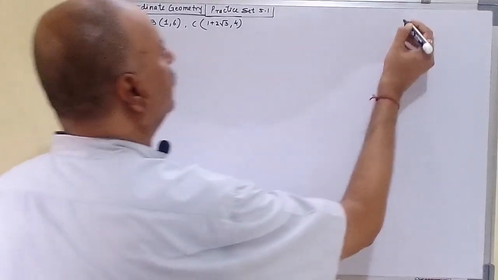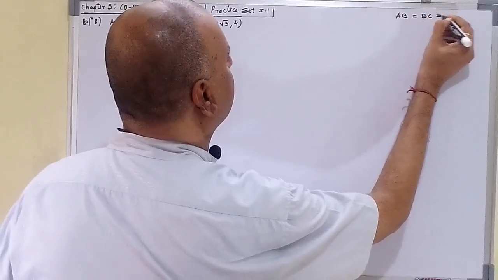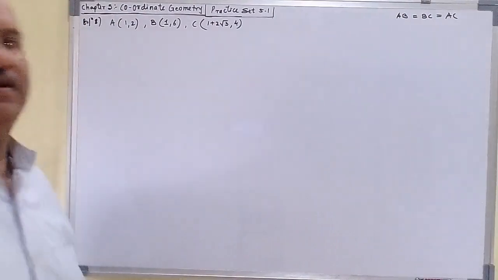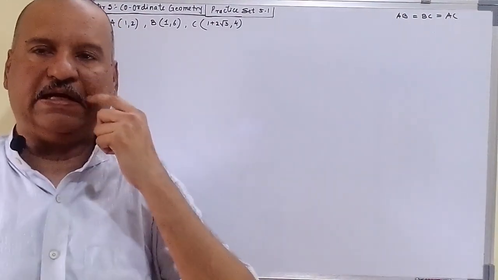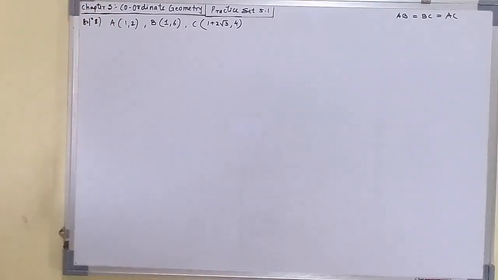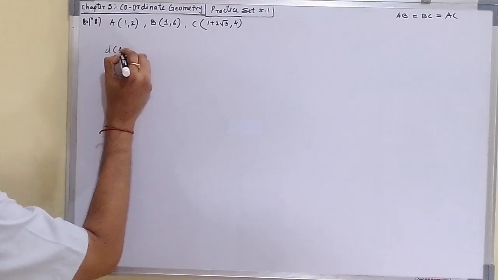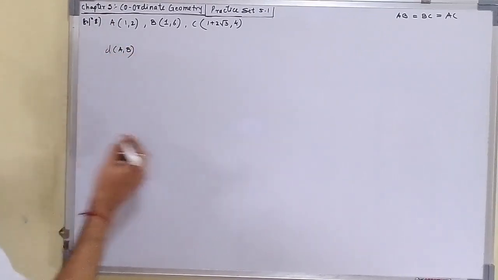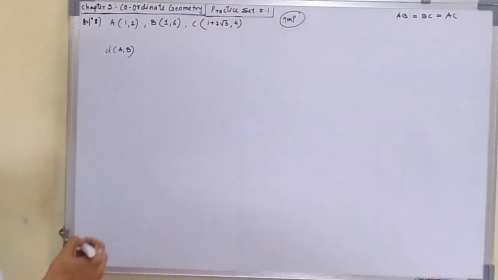This means we have to show AB equal to BC equal to AC. If you prove this, the triangle is equilateral. So let's start. This is an important question.